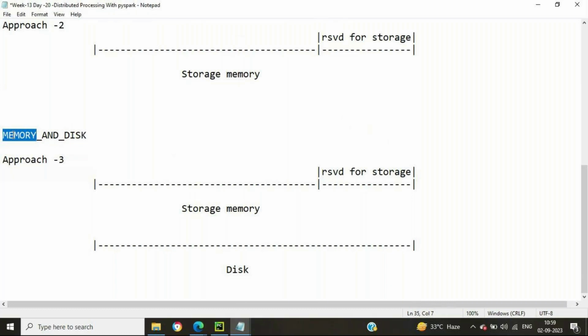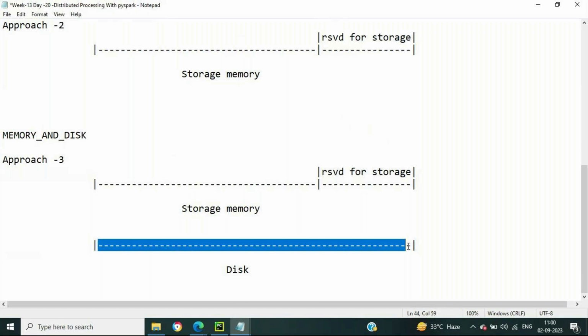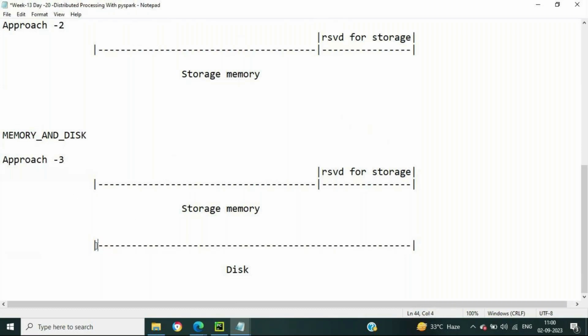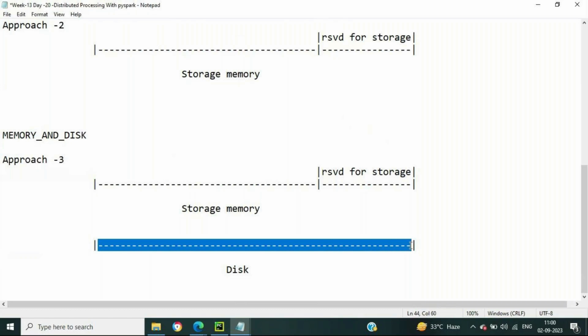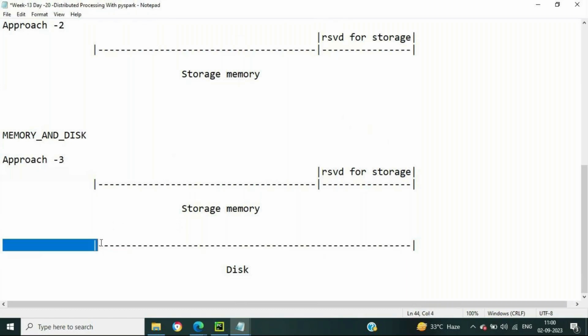Say a certain portion of the intermediate result will be cached inside the memory, and the remaining portion will be persisted onto the disk.